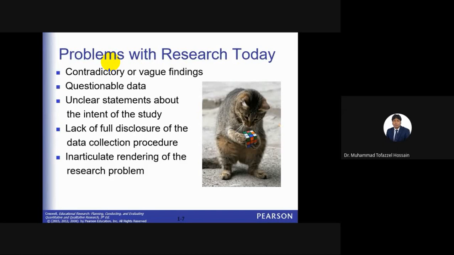The unclear statements about the intent of the study, that is, what is your objective of the study. If the aim of the study is not clear, then your research will lose its value. So all the parts should be clear.